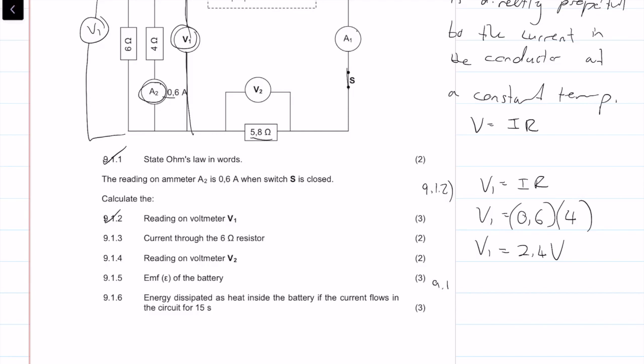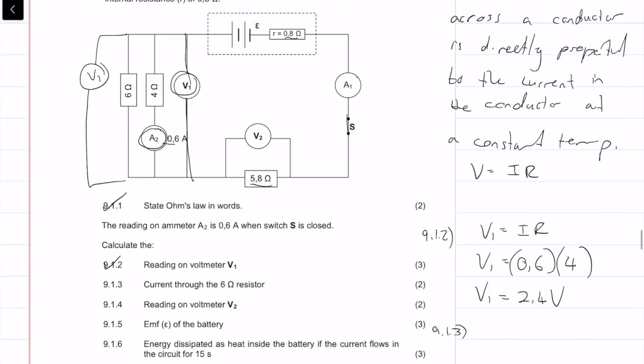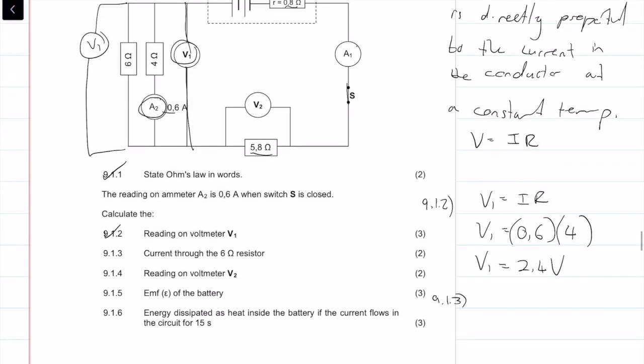Question 9.1.3 says calculate the current through the 6 ohm resistor. V equals IR once again. The voltage across the 6 ohm resistor is that same voltage. So 2.4 is equal to the current, the unknown, times our resistance, which is 6 ohms.